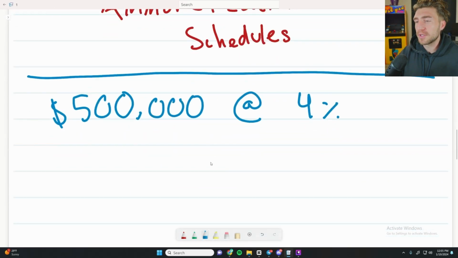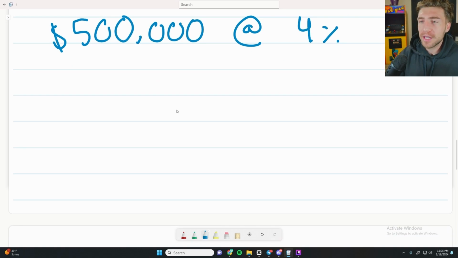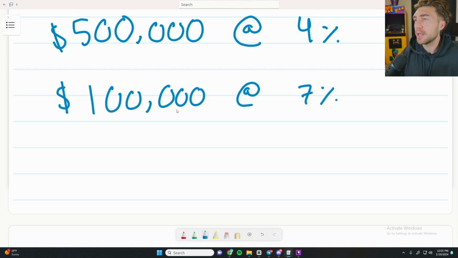That's a 4% spread. Sorry, I almost broke my cup there. And then the other $100,000 that you're getting more for the property, that is a 7% spread because there's no loan on that amount, right? That's just equity. So the equity, you don't need to be paying the bank or anybody. That's a 7% spread.